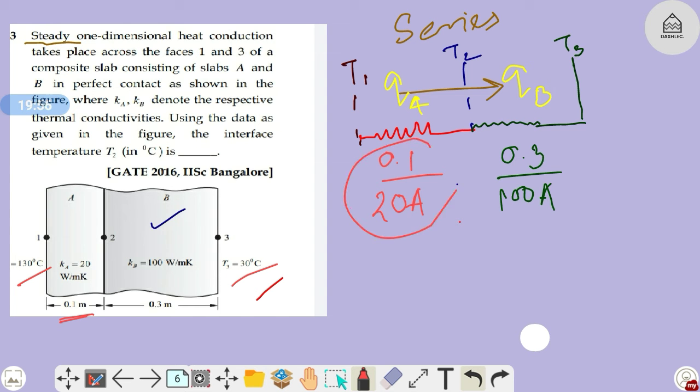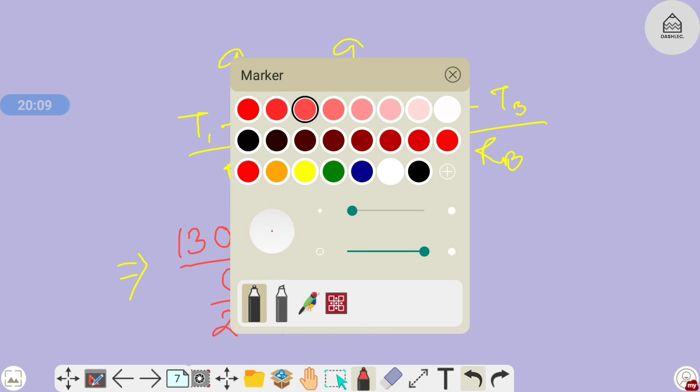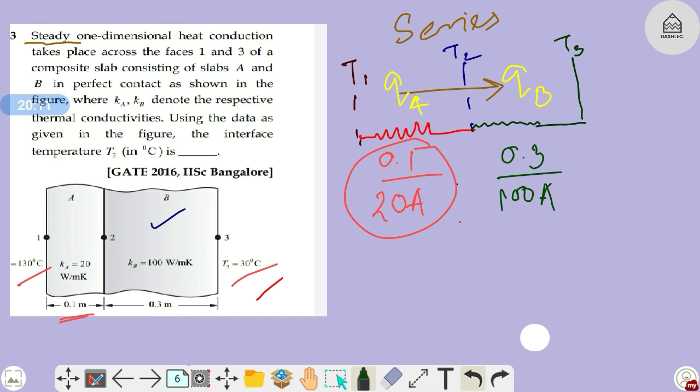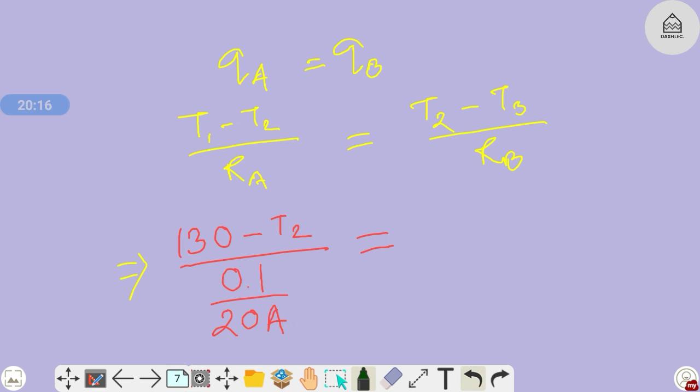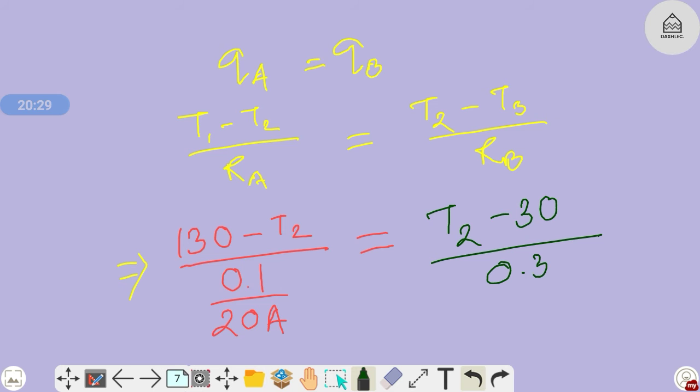RA is 0.1 divided by 20A, equal to T2 minus 30 degrees divided by RB. RB is 0.3 divided by 100A.